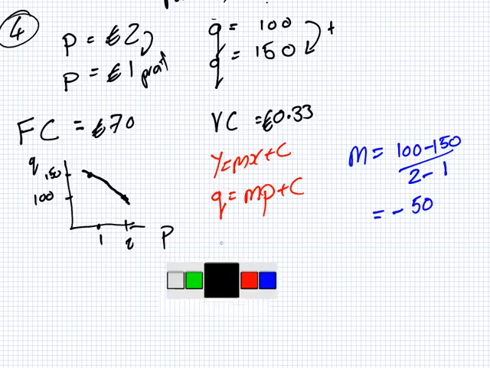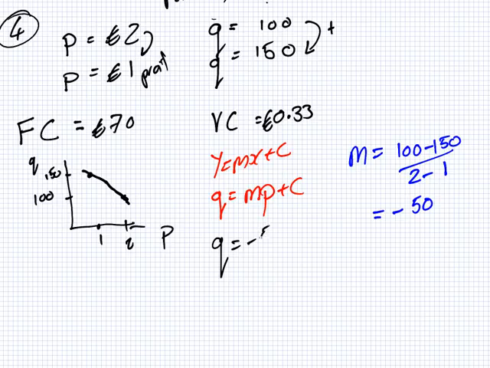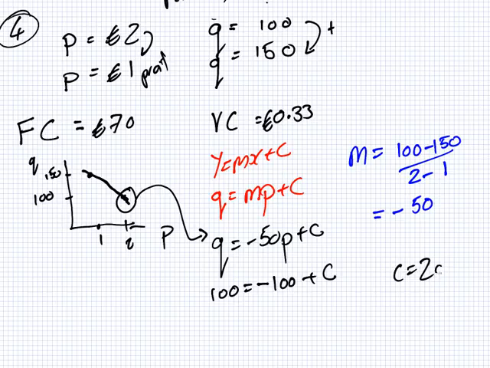So we have Q equals minus 50p plus C. And then what I'll do is I'll take this point and put it in to get the C. So 100 equals minus 100 plus C. Is that right? Yeah, C equals 200 then. So we have Q equals minus 50p plus 200.